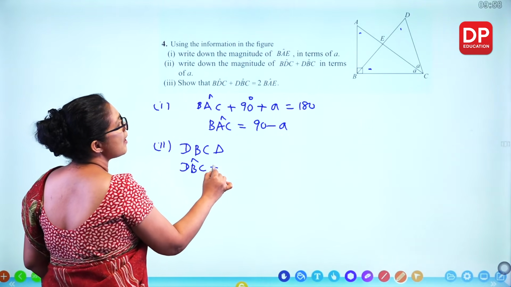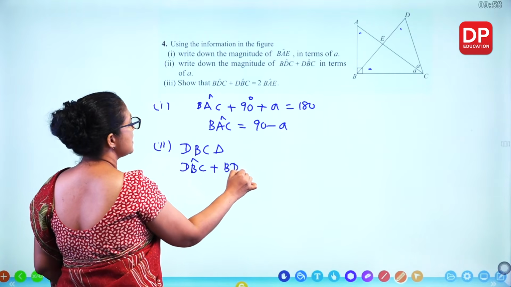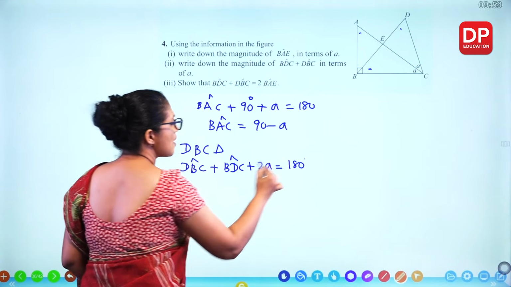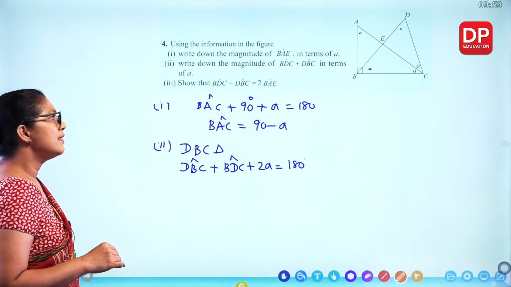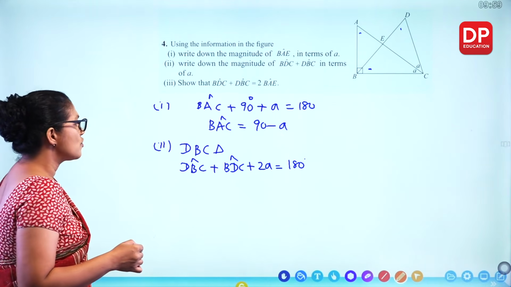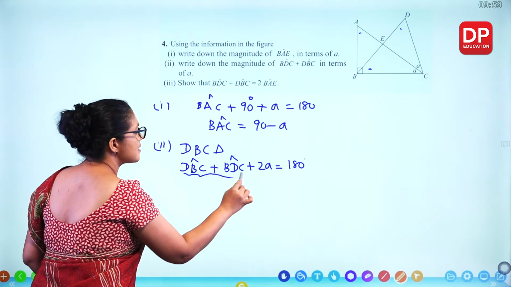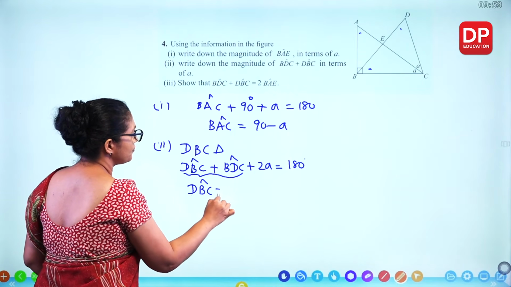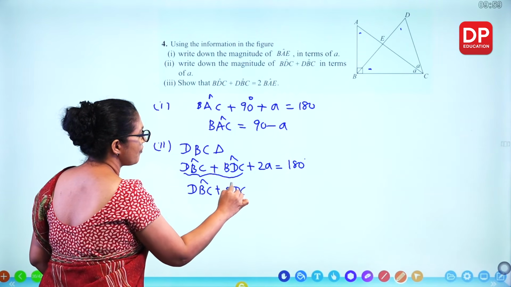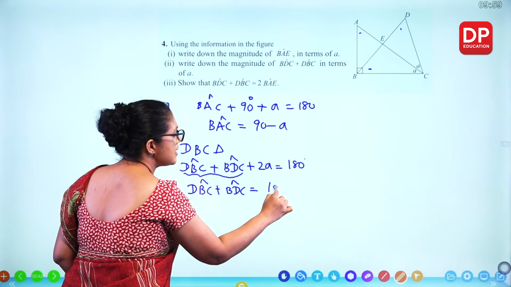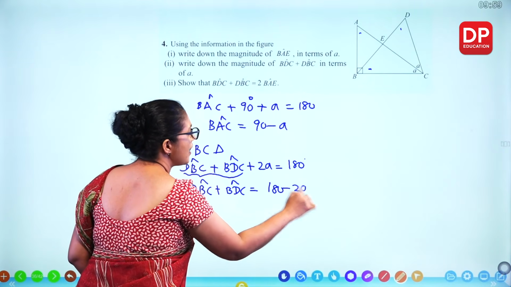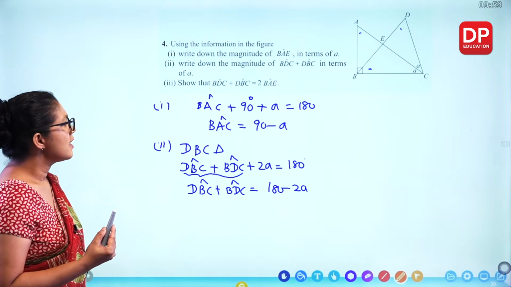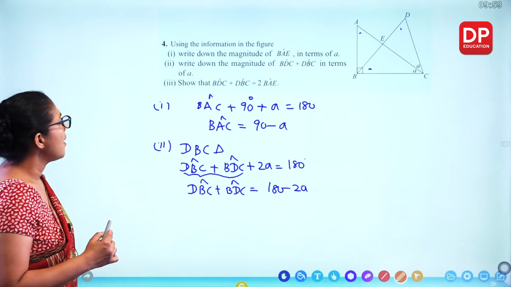DBC plus BDC plus 2A equals 180. Sum of angles in a triangle is 180. So what are these two angles? These two angles add up to 180 minus 2A. I can take 2A to the other side. So that's the second part.